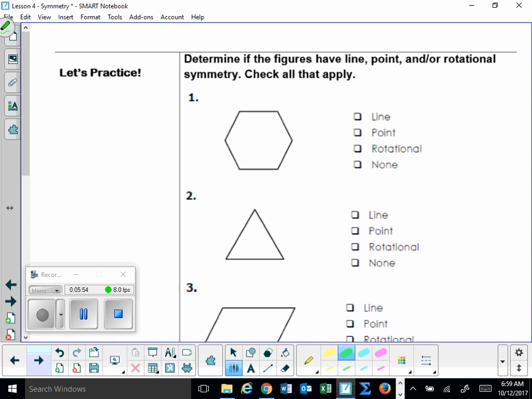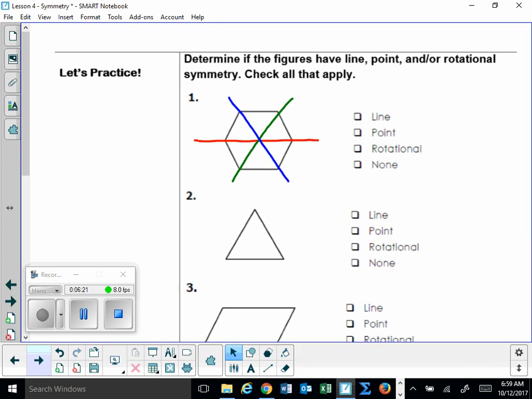Let's try some of these. So we're looking at whether or not we have line, point, and or rotational symmetry. Okay. Line is usually my favorite to find. Let's see, I can fold right there. I can fold here. I can fold here. I can fold here.